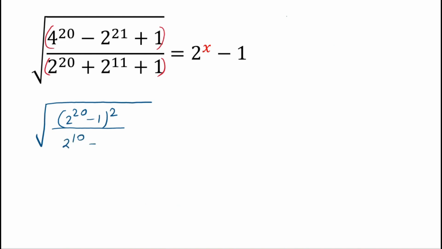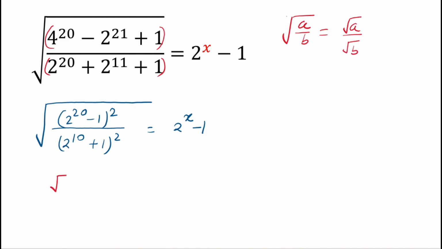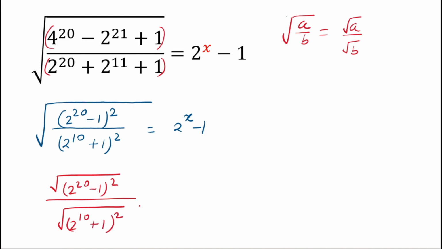And this is equal to 2^x - 1. Now we know that the square root of a over b is the square root of a over the square root of b. If we apply this rule here, then we have the square root of (2^20 - 1) whole squared, divided by the square root of (2^10 + 1) whole squared, equal to 2^x - 1.